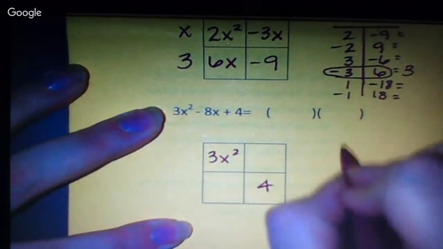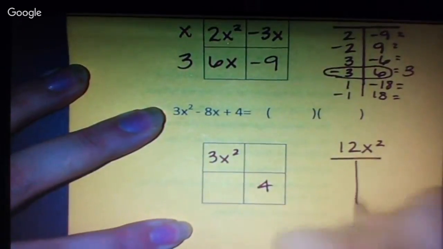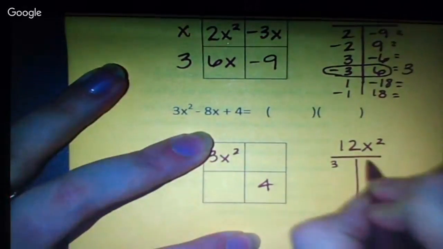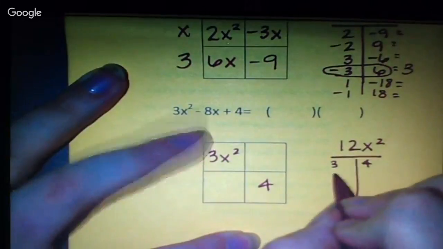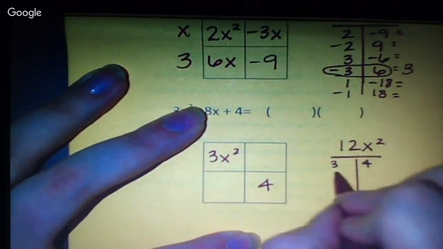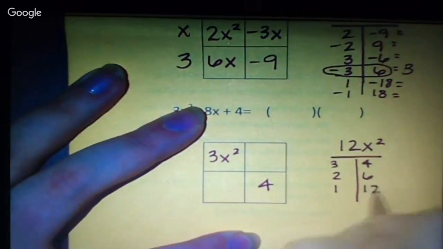Well, when I multiply, I get 12x squared. So it's a positive, which means I can do 3 and 4, 2 and 6, and 1 and 12.